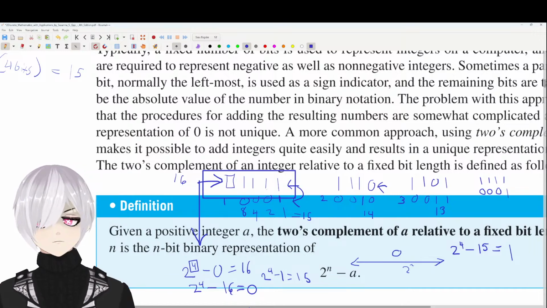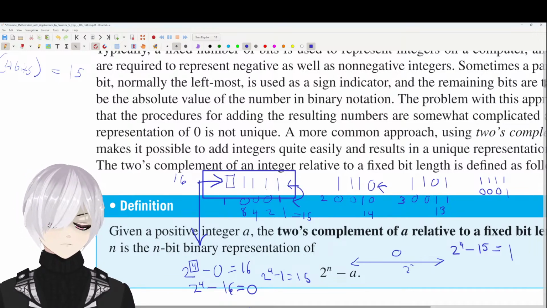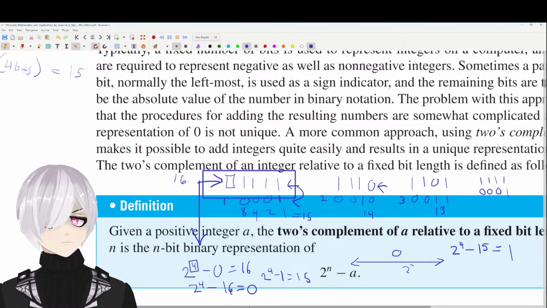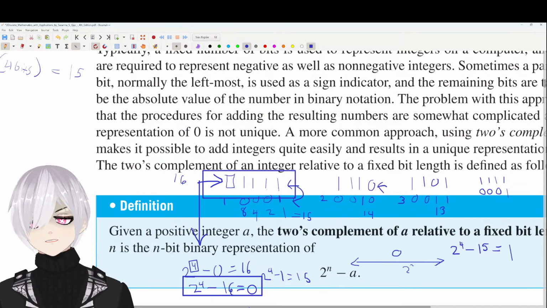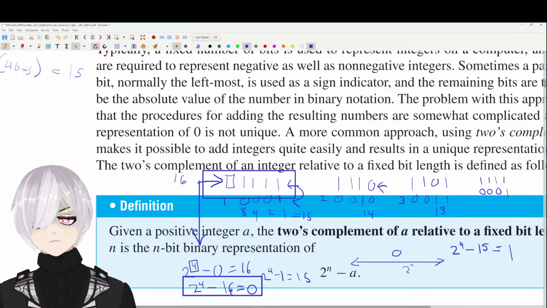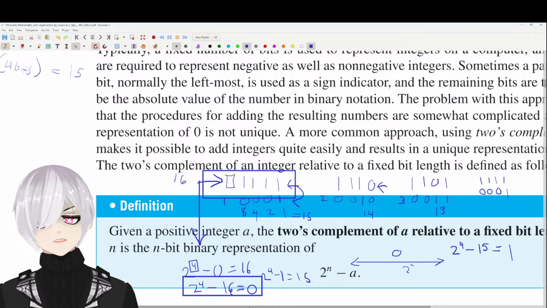Yeah, if you plug in 16, you have 2 to the 4 minus 16, so you have 0. Normally you can't represent 16 with 4 bits, but with a 2's complement, you can. This algebraic representation allows you to represent all numbers, as long as you have enough bits.